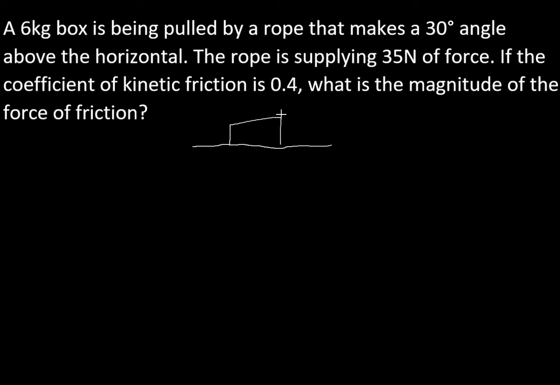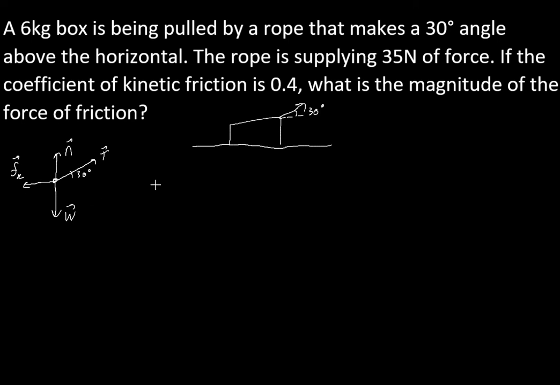So here is the situation. Box on the floor being pulled at a 30-degree angle. The free body diagram is the weight going down, normal force going up, the tension going at an angle, specifically a 30-degree angle, and a frictional force, specifically kinetic, because the object is being pulled.